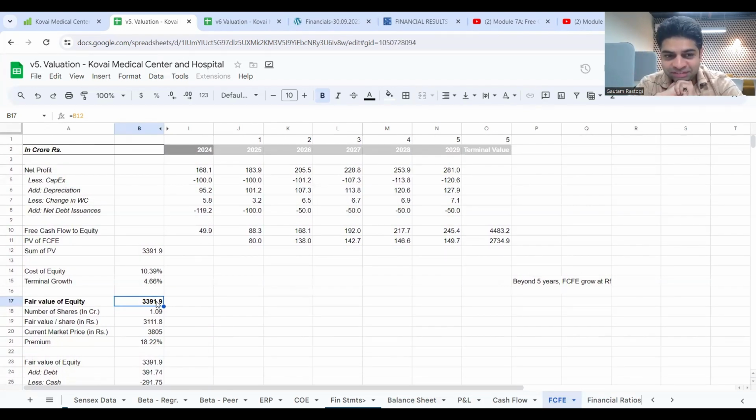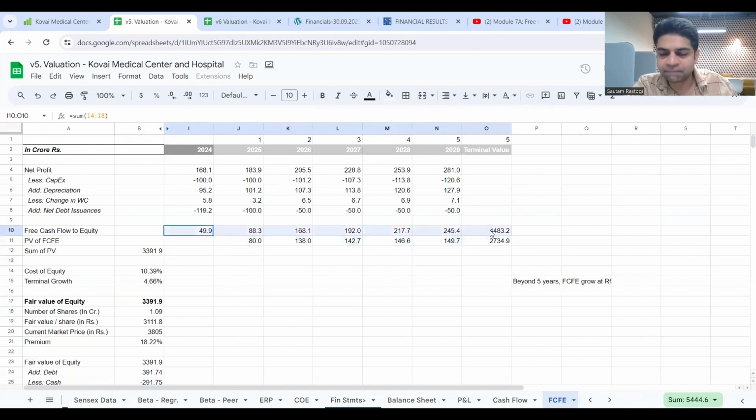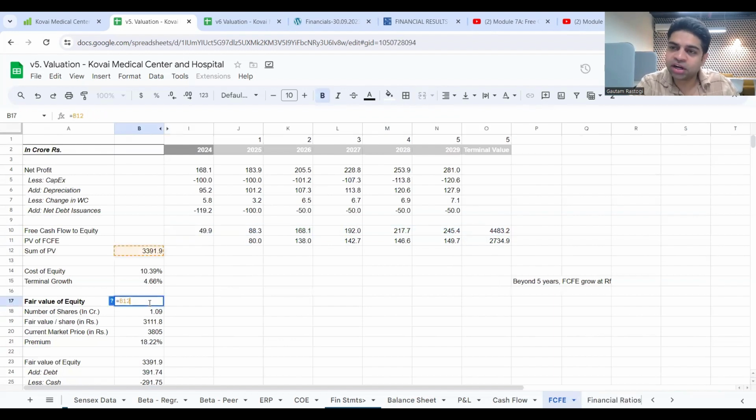Why do you think that happened? Because obviously, if they're using the free cash that they're generating to reduce debt, the free cash flows are going to come down, right? उधारी चुका ली तो फ्री कैश शेयर होल्डर को देने के लिए कम बचा, तो फ्री कैश कम हो गया. That's why the value of equity also has reduced.